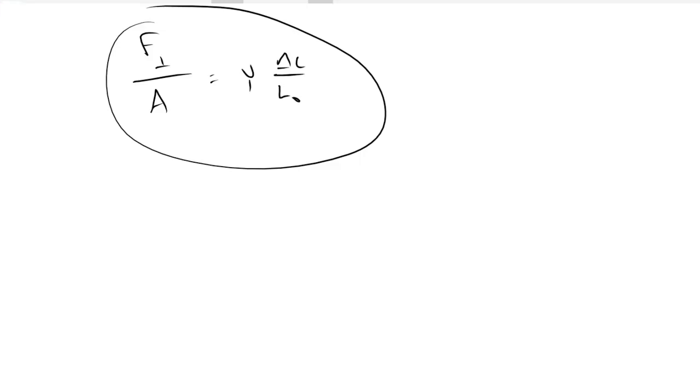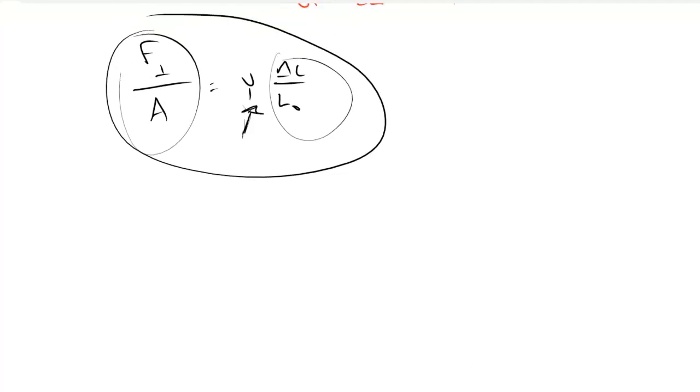All we did is we said, well, let's do force over area and let's do a ratio of the change in length, and we changed the spring constant to Young's modulus of elasticity, given in your textbook there. So Young's modulus is usually given just like the spring constant. It's a property of the metal or whatever we're stretching there.